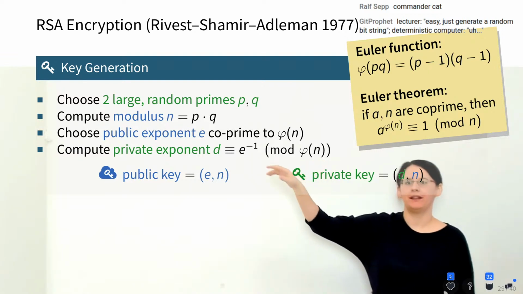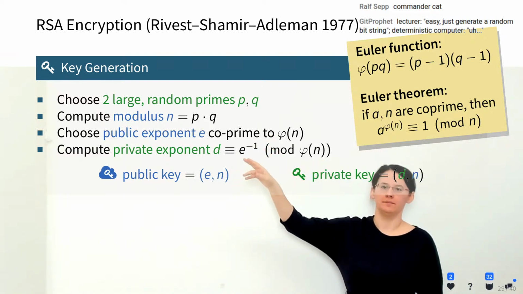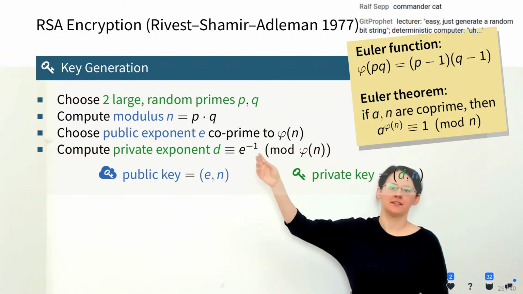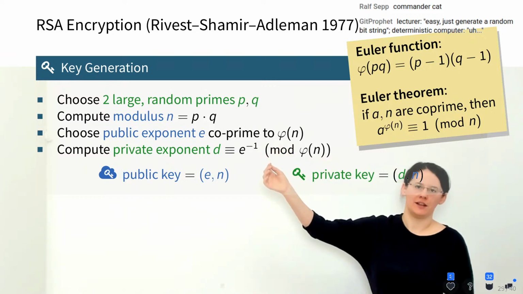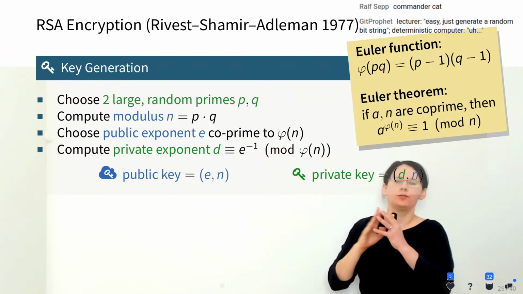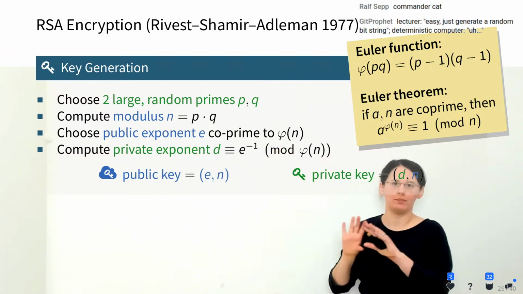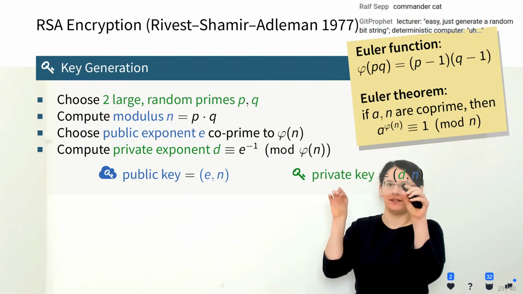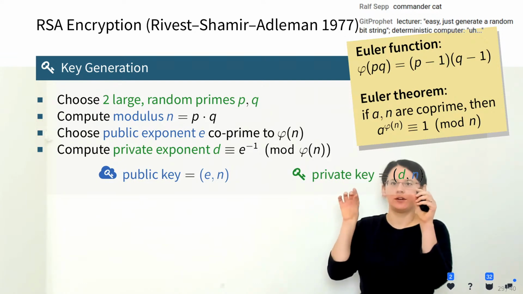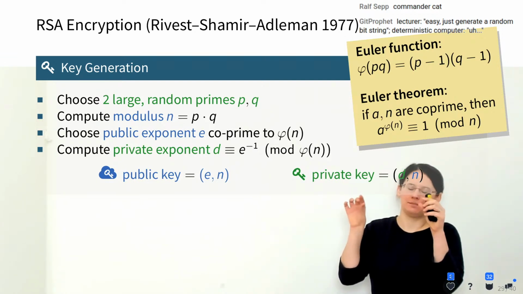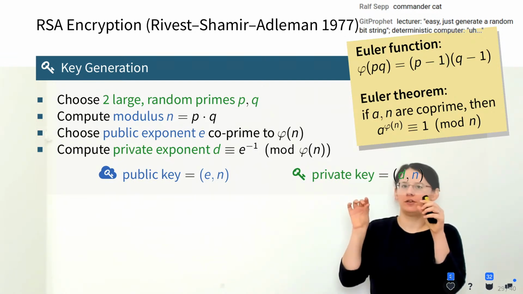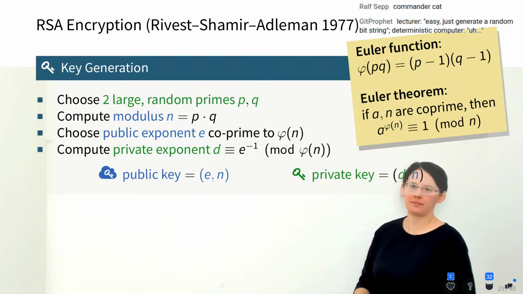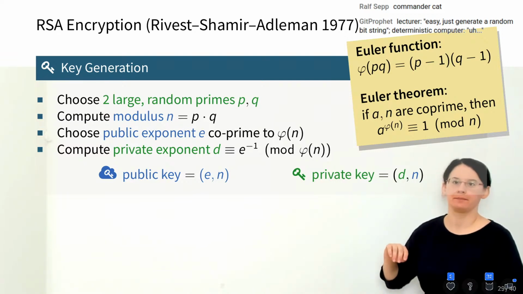This is because I've been hinting already that we're computing in the exponent, and part of the reason why RSA works is if you're looking at computations modulo n, and then you do some computations in the exponent, then you can do all the computations up there modulo phi of n. The reason for this is Euler's theorem, but I will be more specific in a second.